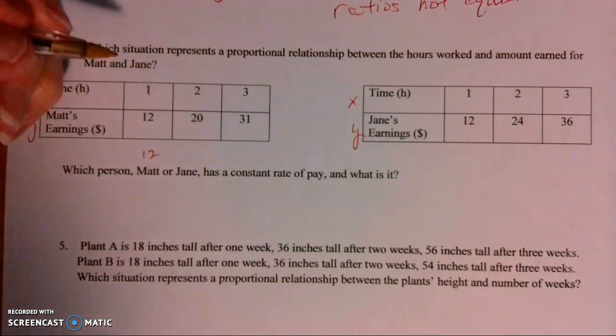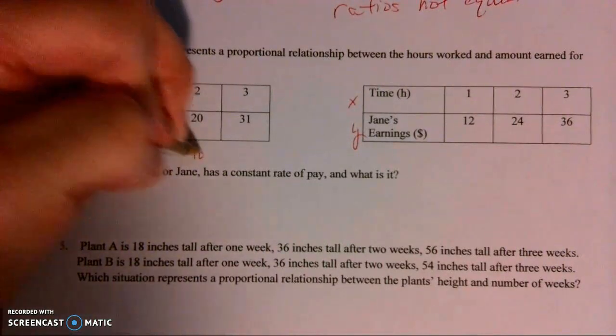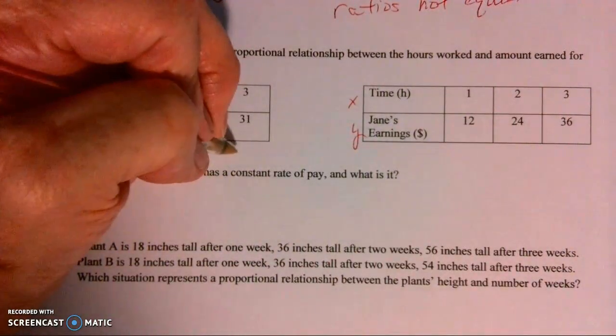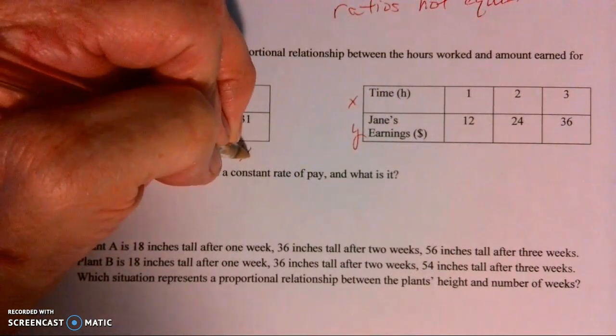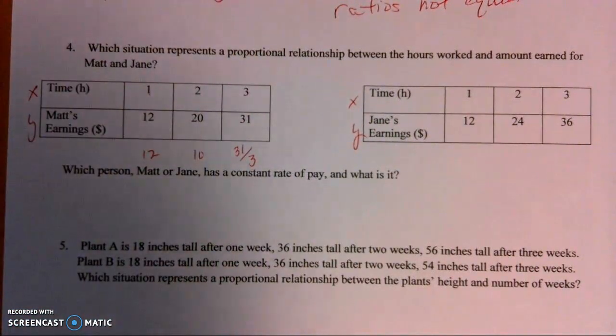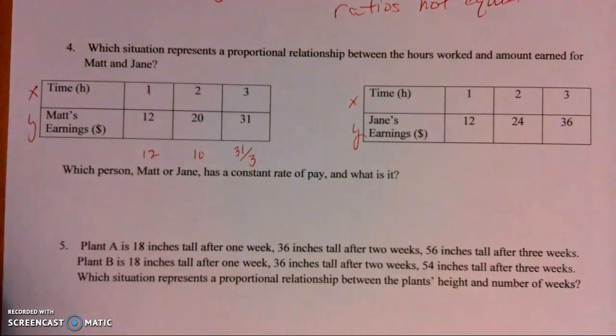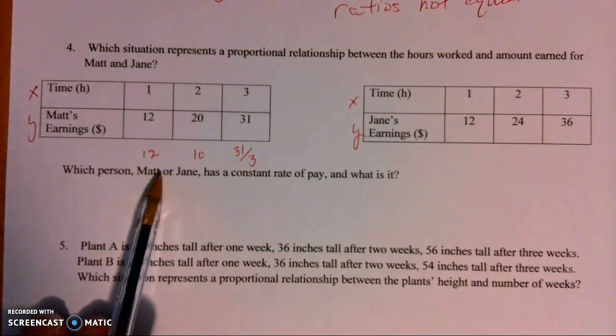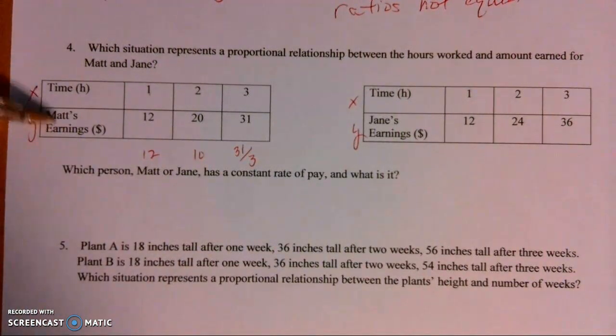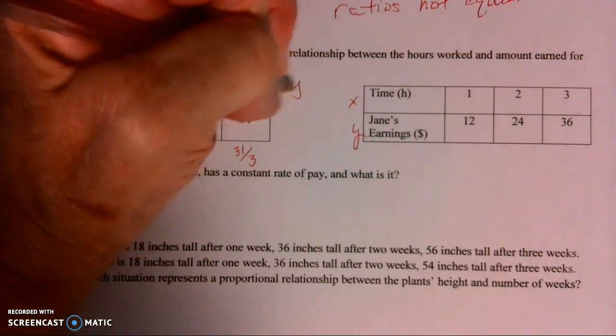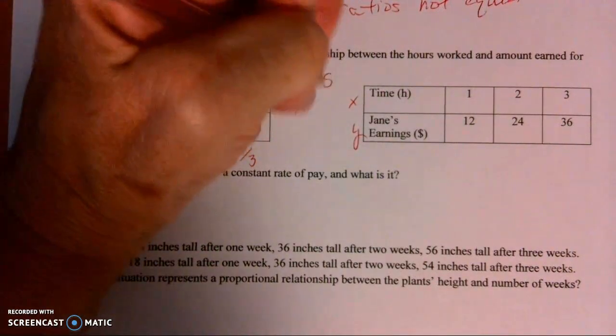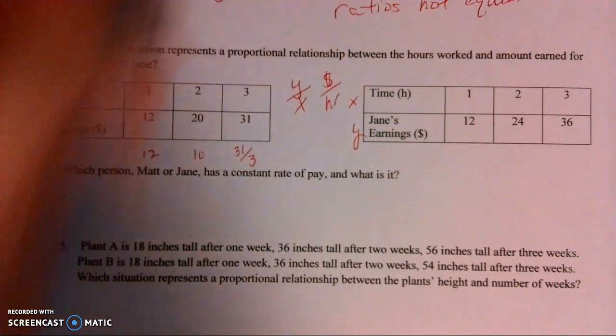Well, that's 12. 20 divided by 2 is 10. 31 divided by 3 is going to end up being a repeating decimal. So I already know right now that Matt's earnings are not proportional. And here again, remember that we're going to do Y over X or money over hours.